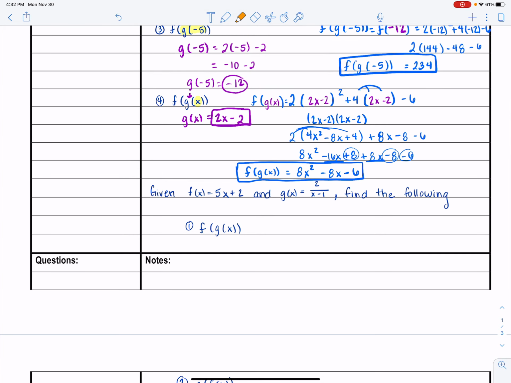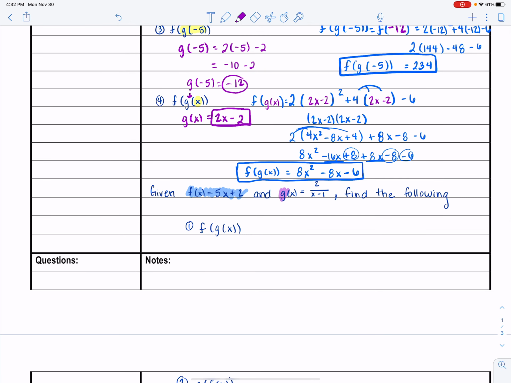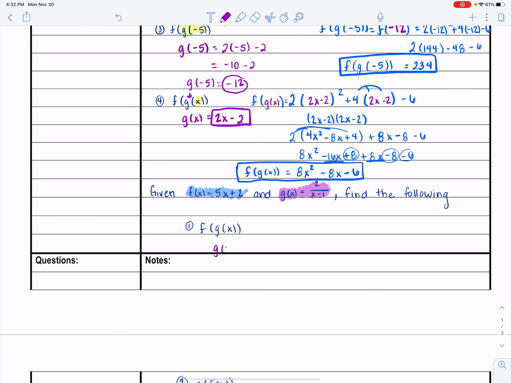So if f is 5x plus 2 and g is 2 over x minus 1, we're going to find f of g of x. So start with g of x. So g of x is equal to 2 over x minus 1.